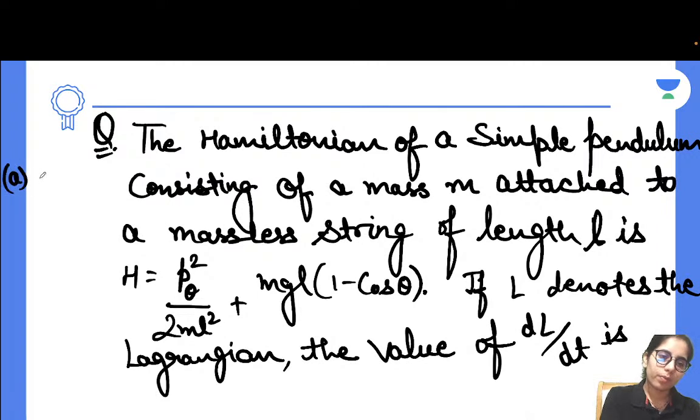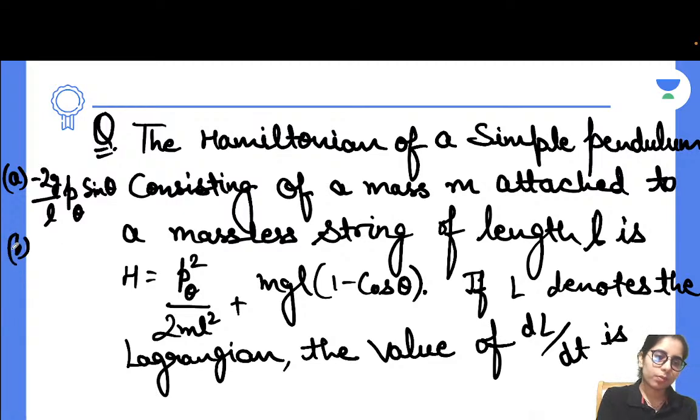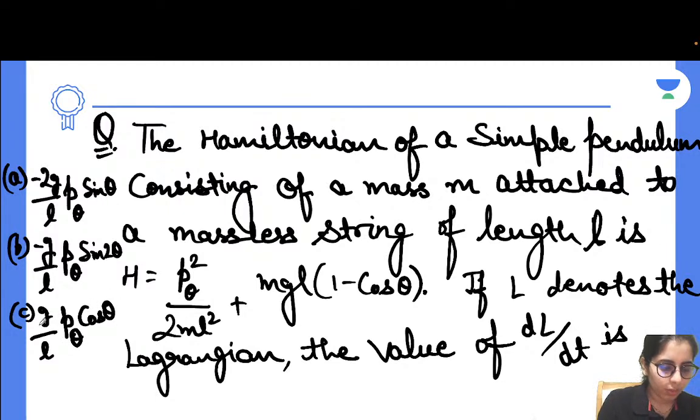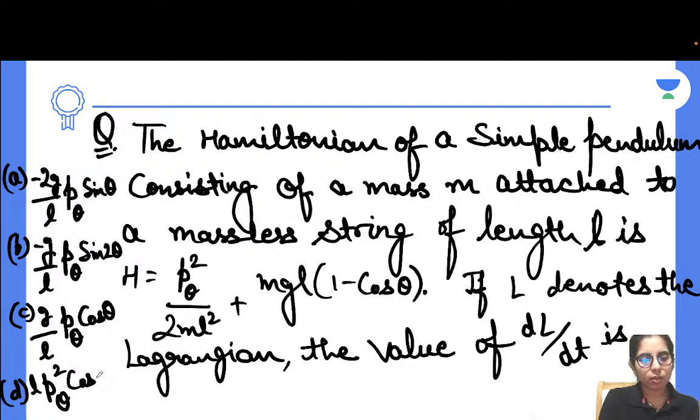Options are: negative 2g over L p theta sine theta; negative g over L p theta sine 2 theta; g over L p theta cos theta; and L p theta square cos theta.